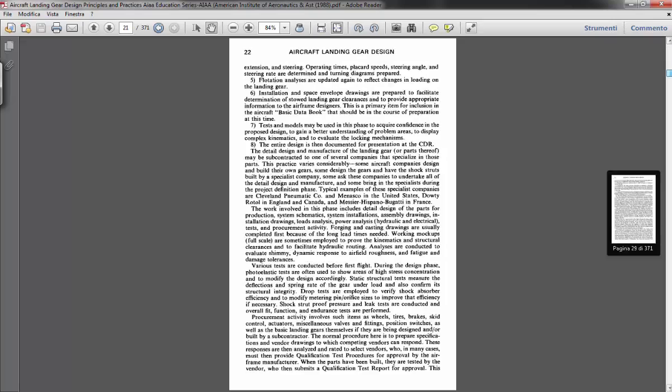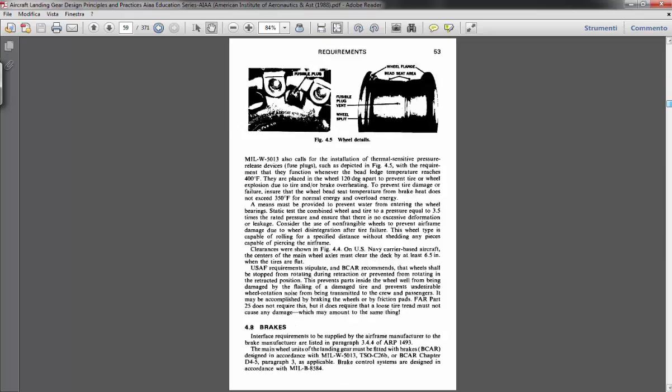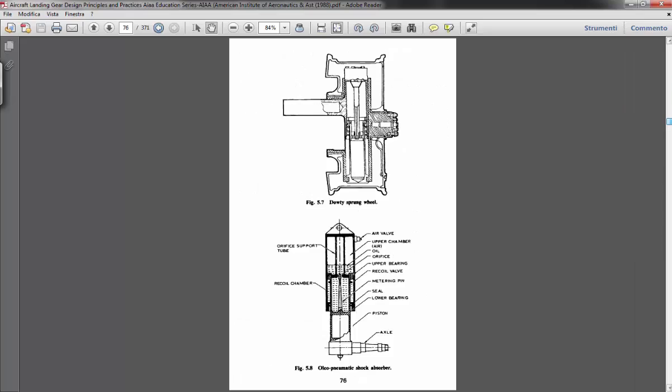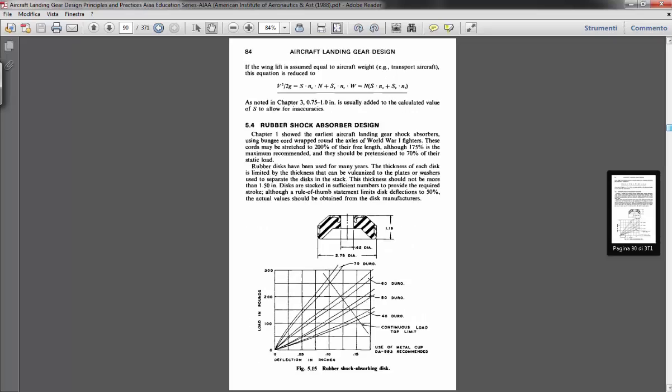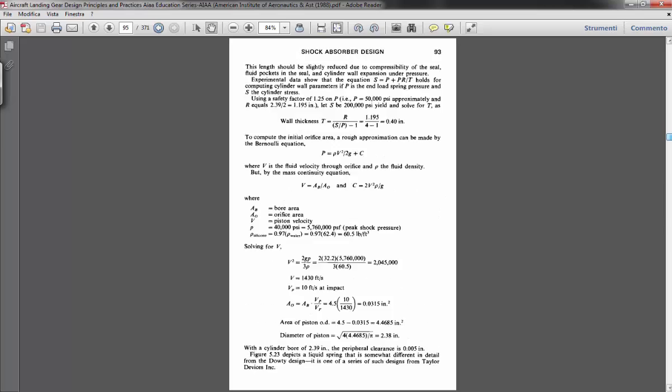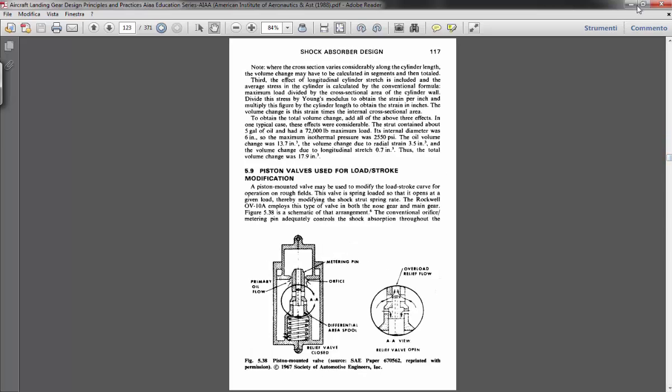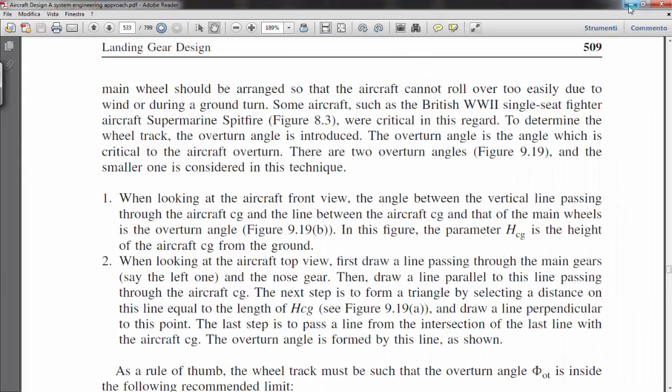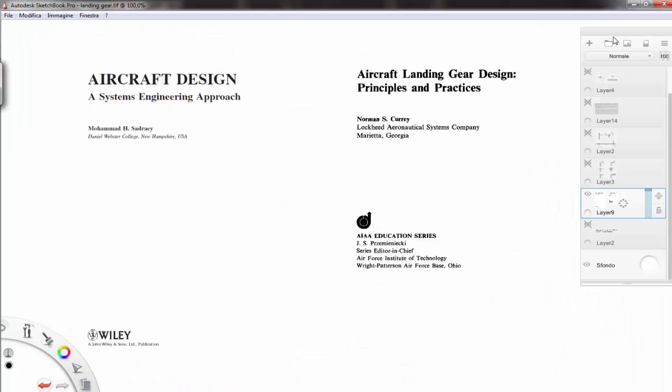You see, there is an explanation of all types, and of course the design of the shock absorber, strut, tires, and so on. So it's up to you. Since we are talking in the modelism scale, some aspects are not treated because they are not applicable or too complex.